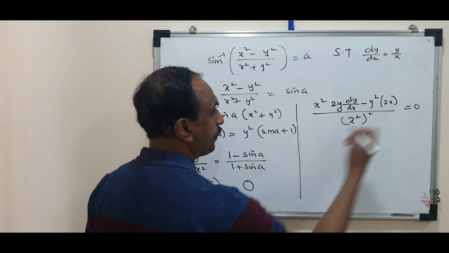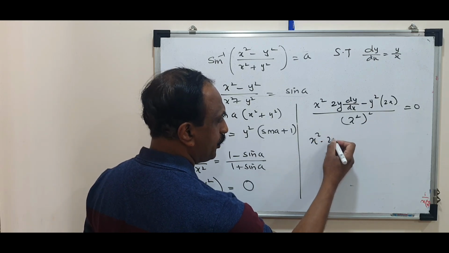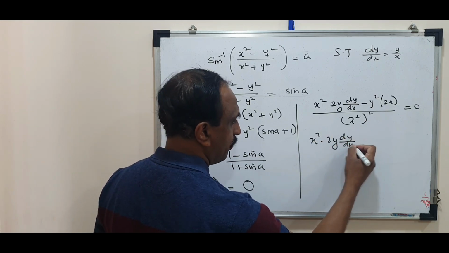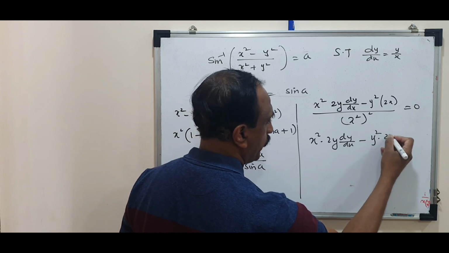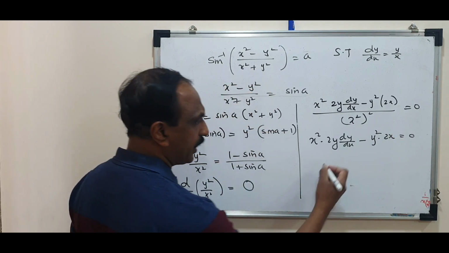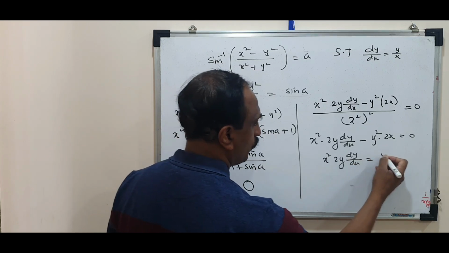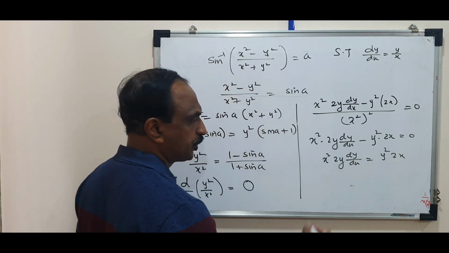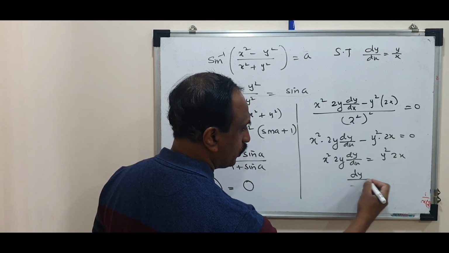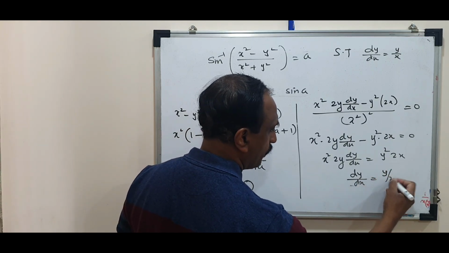So this will get cross multiplied with 0. X square into 2y dy by dx minus y square into 2x equal to 0. So I can write x square 2y dy by dx is equal to y square 2x. So I will get dy by dx is equal to, cancelling all terms, y by x.